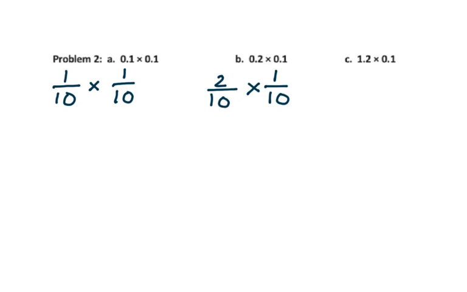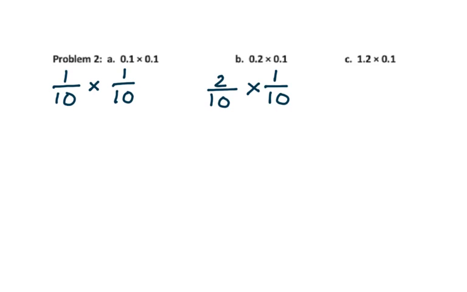Okay. Next, I have 1/10 times 1/10, 2/10 times 1/10, and 1 2/10 times 1/10. So again, I'm going to make sure that I write these out as fractions. So 1/10 times 1/10, 2/10 times 1/10.